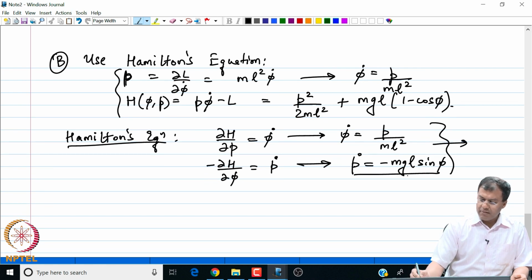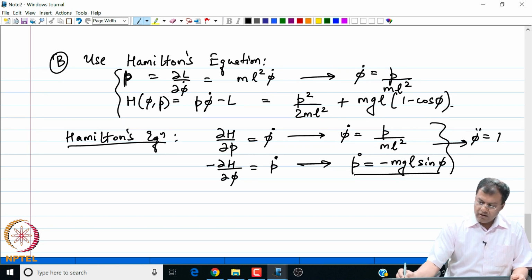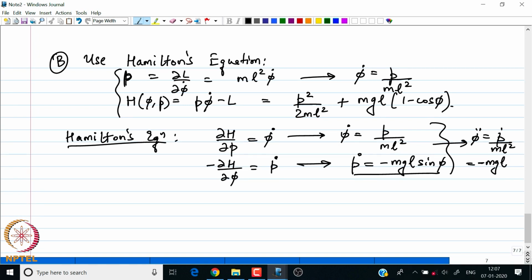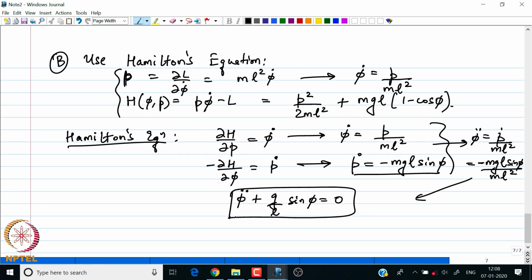Then we solve these equations simultaneously. We differentiate the first equation and plug the answer in to get phi double dot equal to P dot by m L square, which is equal to minus m g L sin phi divided by m L square. So my equation reduces to phi double dot plus g by L sin phi is equal to 0, and that is the same equation as the Euler-Lagrange equation.